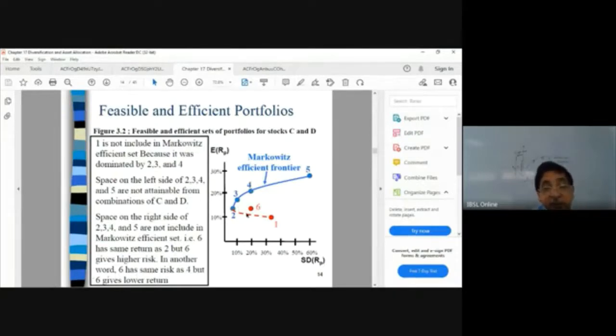So that is what I told earlier. Now take portfolio number 6. 4 has a higher return than 6 with the same risk. And 3 also has a higher return than 6 with lower risk. Therefore, 6 cannot be taken as an efficient one.